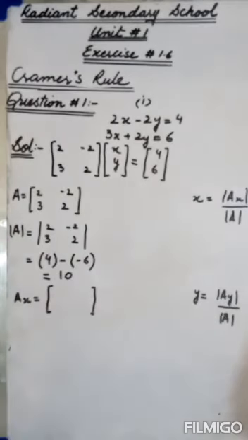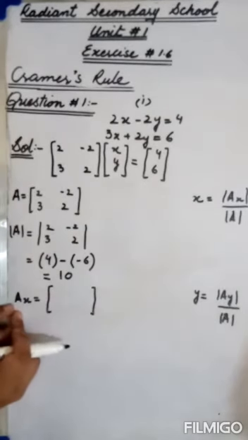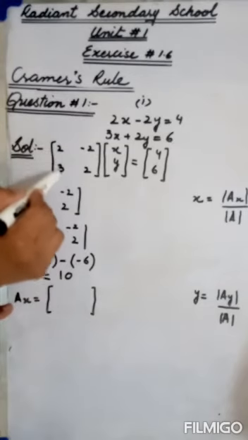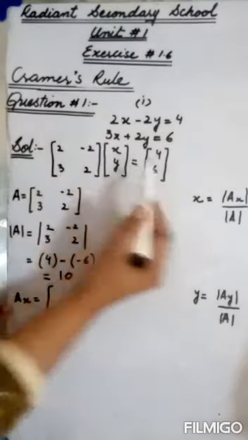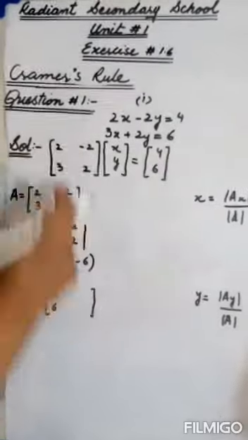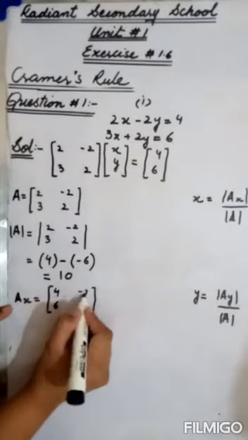Okay students, now in Ax, as x is the first variable, we will replace the first column of matrix A, which is 2 and 3. Instead of this first column, we will write this matrix, 4, 6, and the second column will be written as it is.